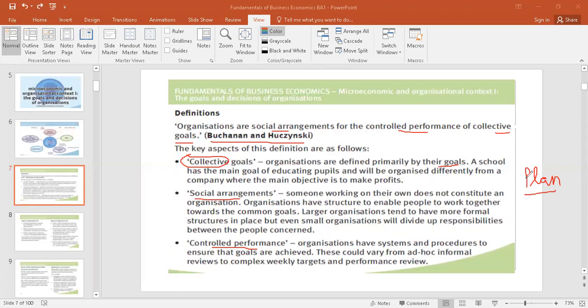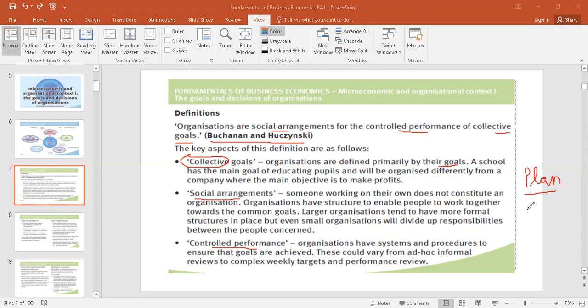If they are not moving ahead in the same direction, it would be monitored and observed as to how they are proceeding further. And if they are not achieving the targets, measures are taken to control their performance.